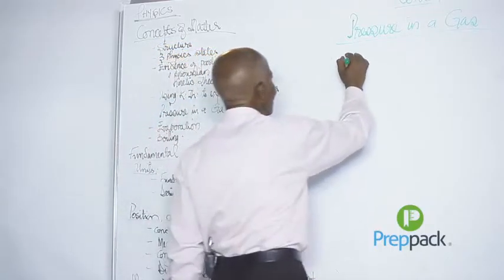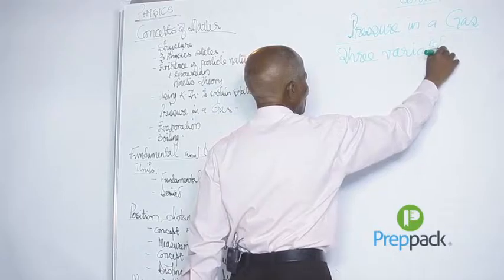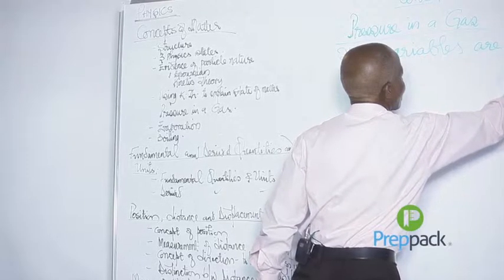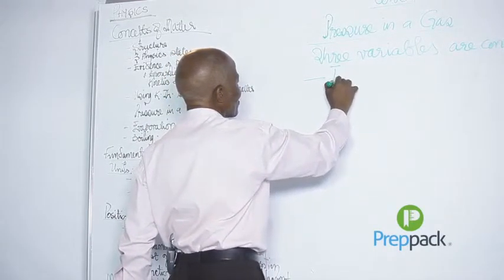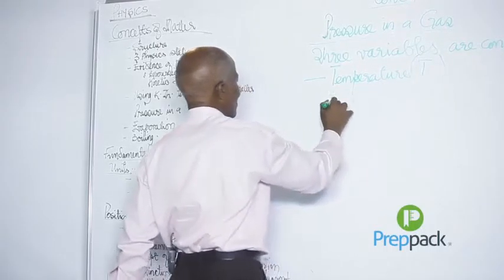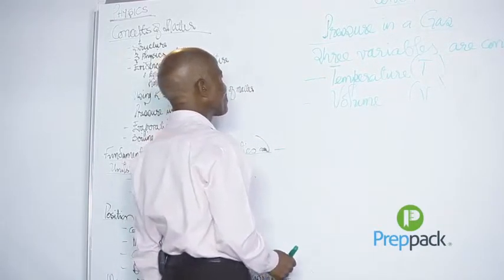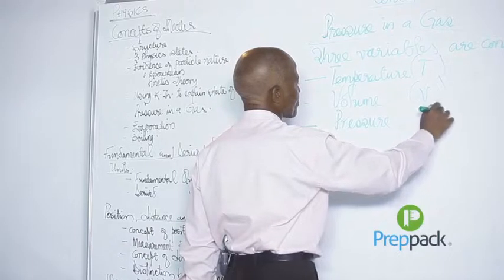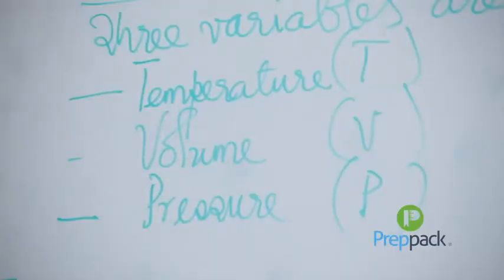Three variables are considered, namely, the temperature, that's T, the volume, that is V, and the pressure, that is P. We keep one of these constant and then vary the other two out of the three.